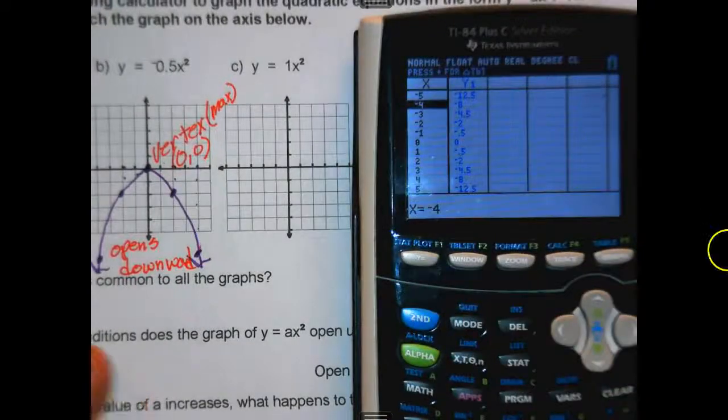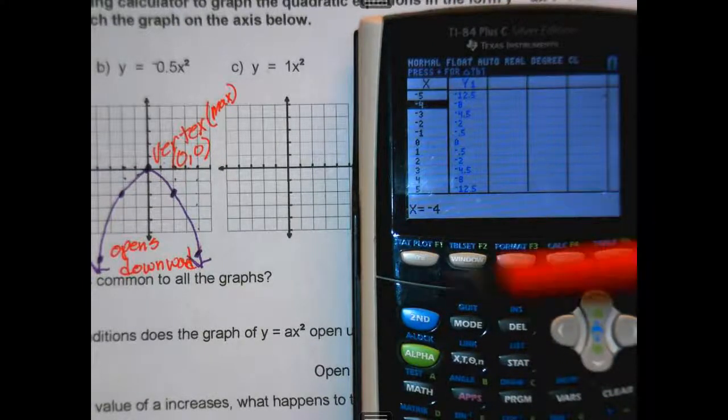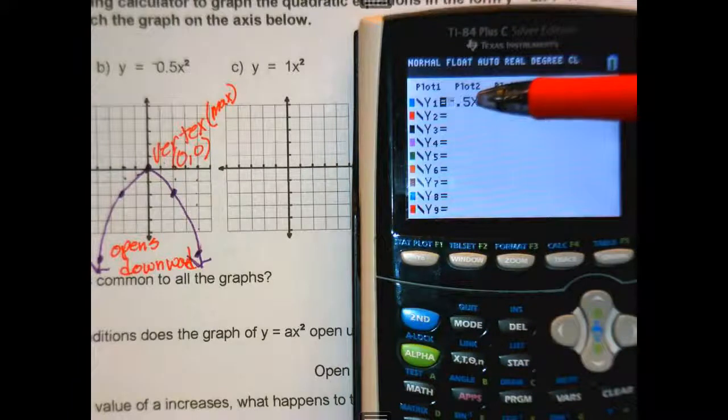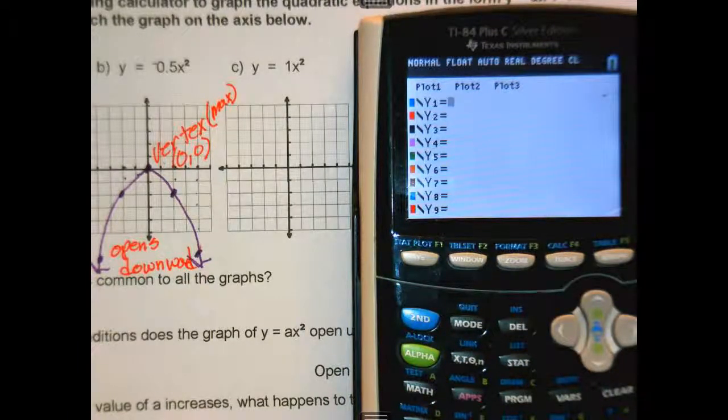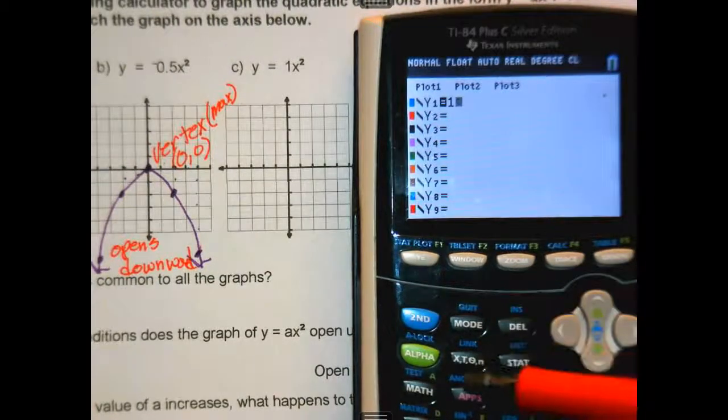Okay, so C, we're going to go back to our y equals. I'm going to clear this out, hit clear. And I'm going to put in there 1. I don't even need the 1. But if you want to put in 1, it's fine. Then I'm going to put in the x, which is right here.